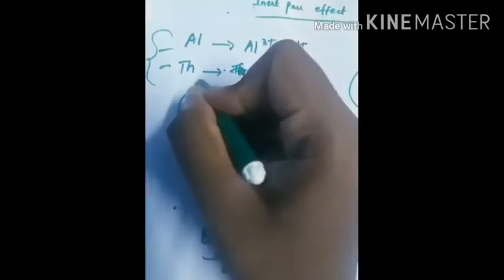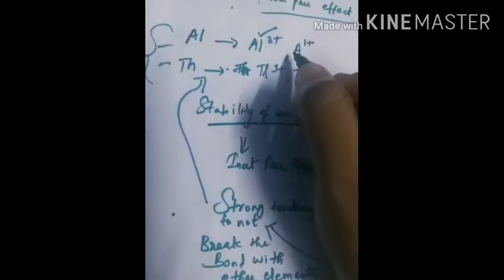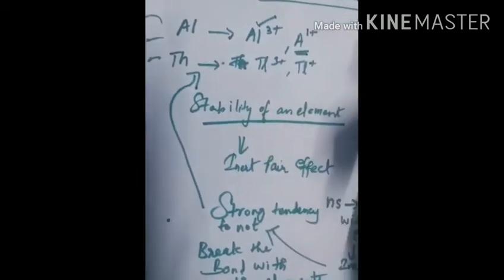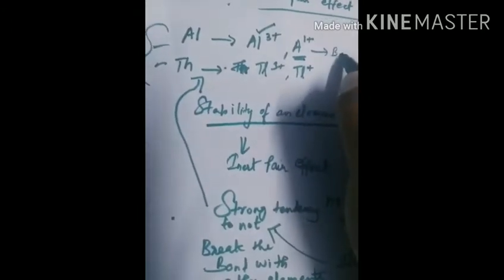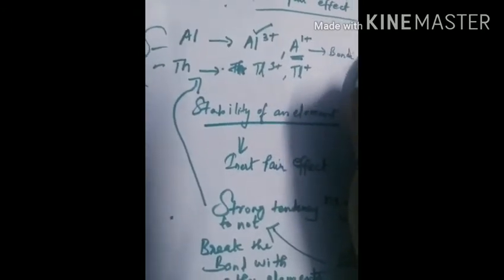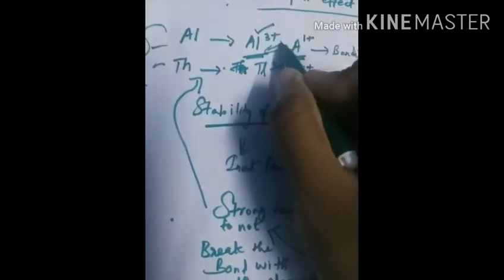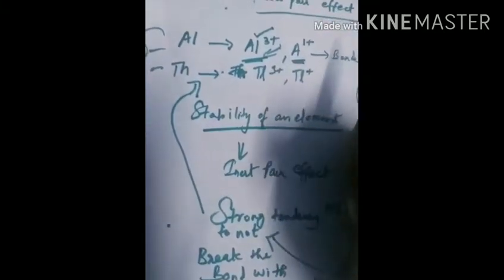So in aluminium and thallium, aluminium 3 plus is stable, whereas aluminium 1 plus isn't stable, because it easily gives up the bonding state, as it has 1 electron in the outer shell. Here 3 plus is so stable because of the inert pair effect.